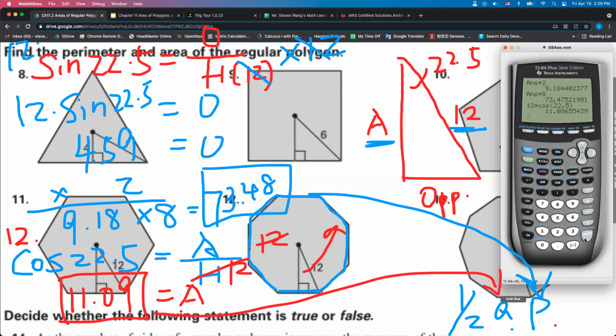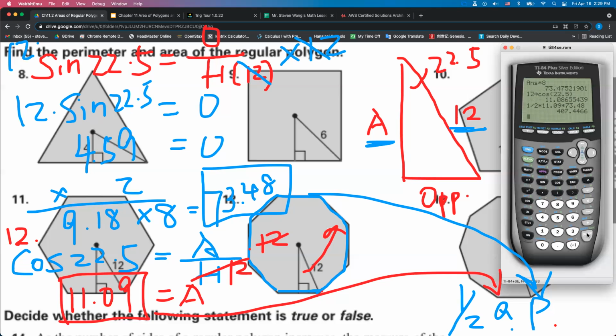So all I have to do is use my calculator: one half times 11.09 times 73.48.